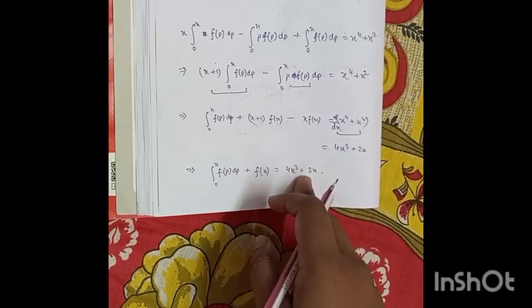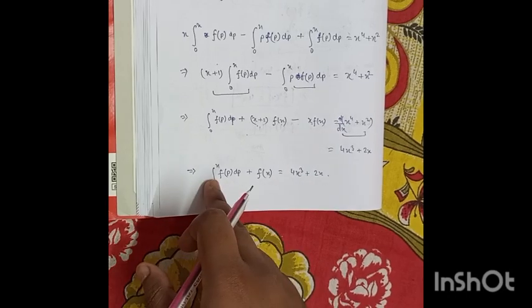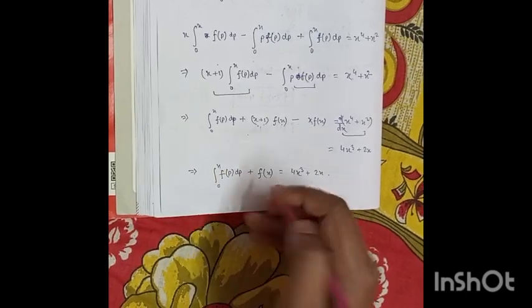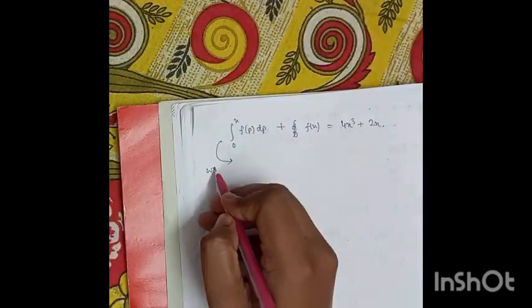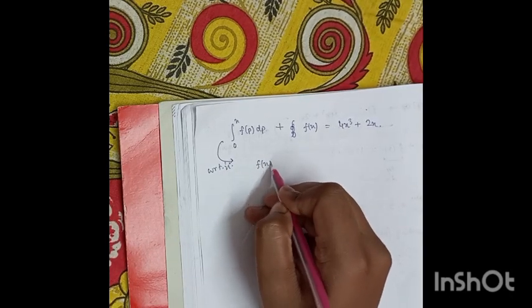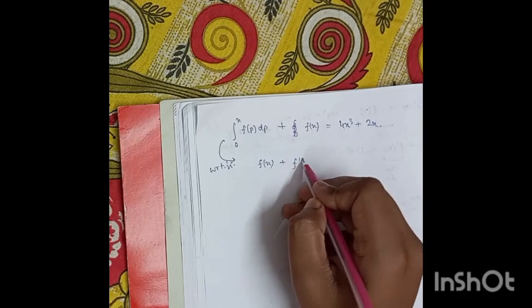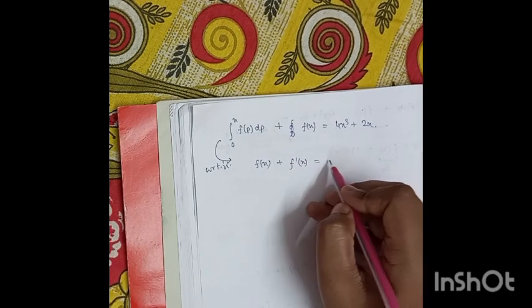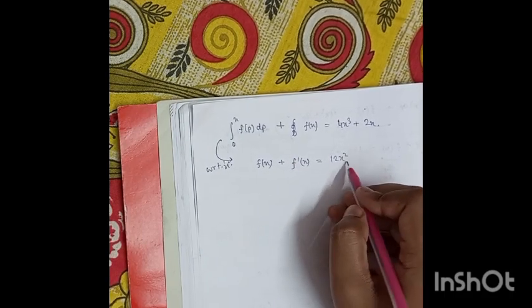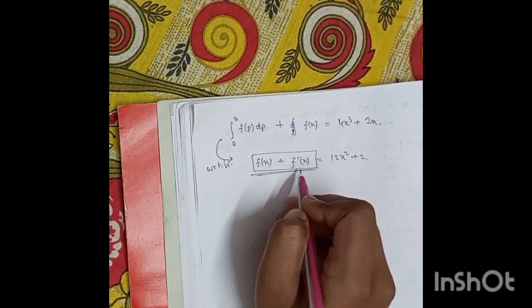Now if we differentiate this whole expression again with respect to x, by applying the Leibniz rule, we get f(x) plus f dash x is equal to 12x square plus 2. Now this is the required function.